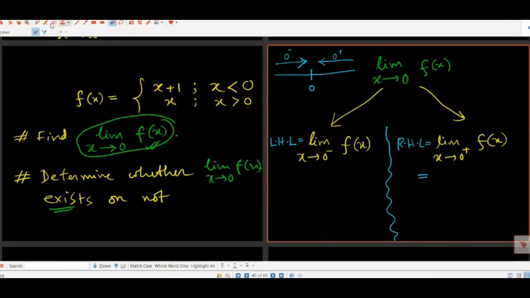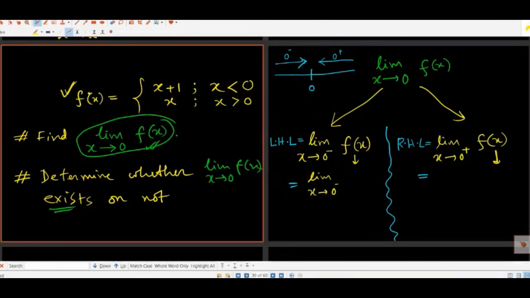So let's try to find them. Here, the limit as x tends to 0 negative of f of x. I have mentioned that the negative and positive signs are just the directions. This is an example of a piecewise defined function. How many pieces do we have?